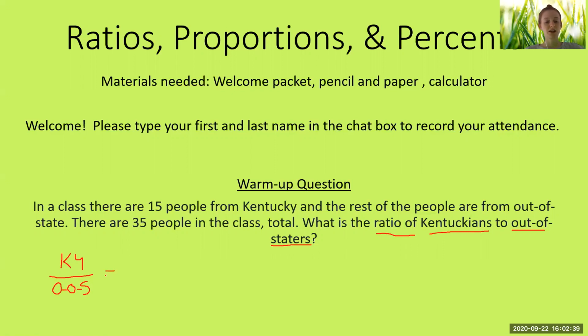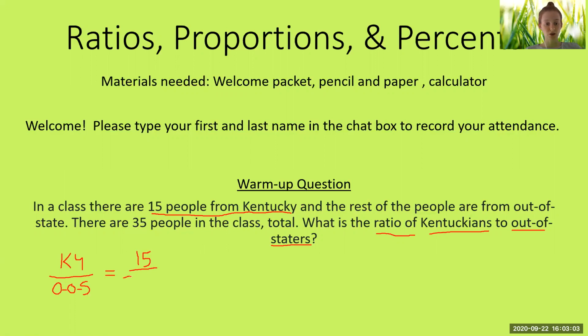So how many Kentuckians are there in this class? Well, there are 15 people from Kentucky. And how many out-of-staters are there? Well, it says the rest of the people are from out of state, and there are 35 people in the class total. So we're going to need to figure out how many out-of-staters there are.